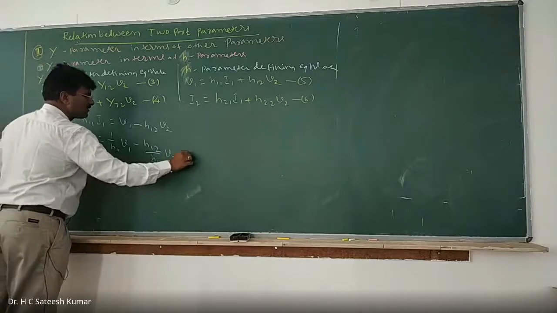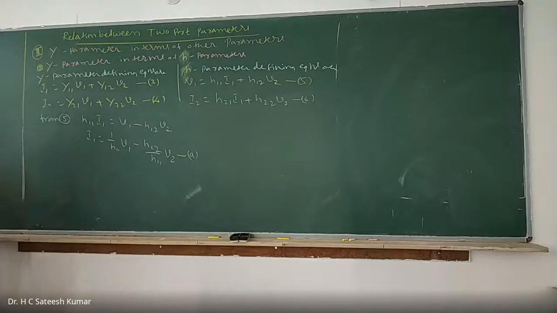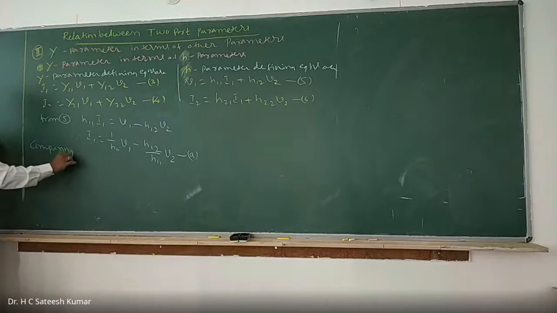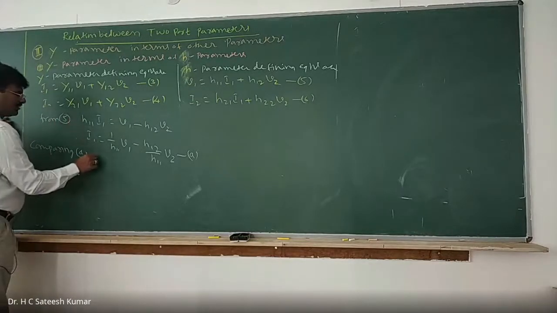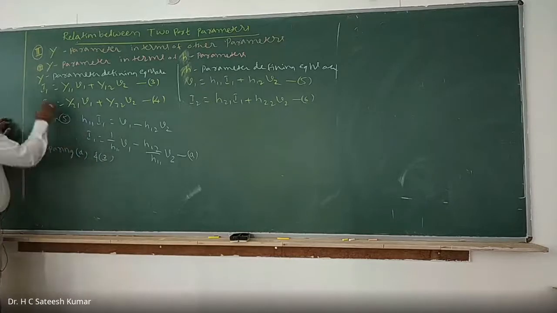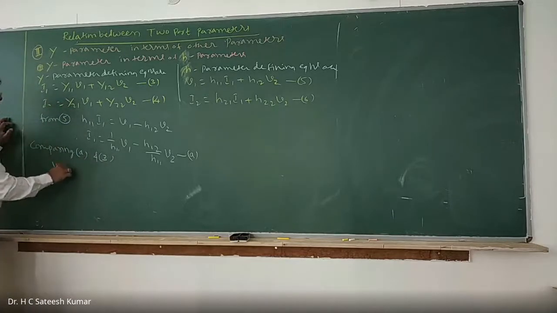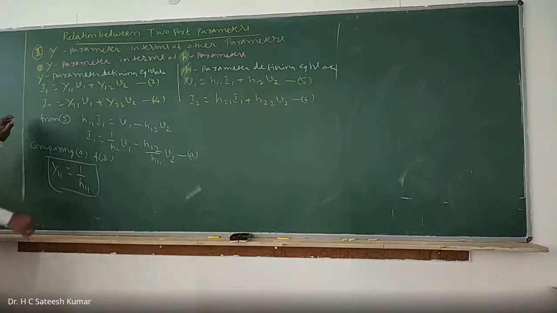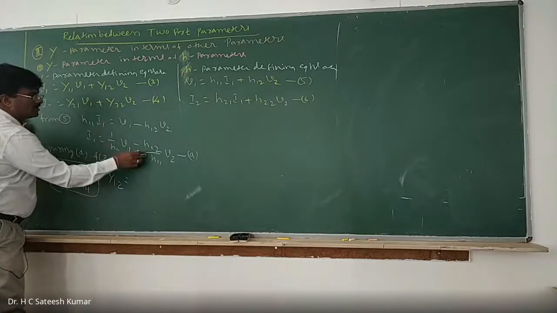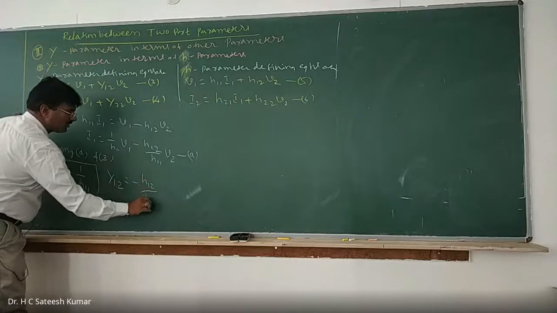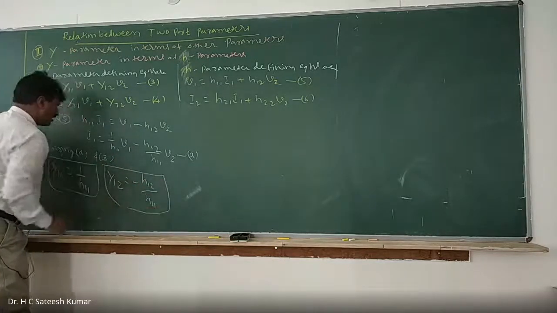Call this equation A. Now comparing A with 3, since I1 is there, Y11 is equal to 1 by H11 and Y12 is equal to minus H12 divided by H11. Okay, right. We got these two.